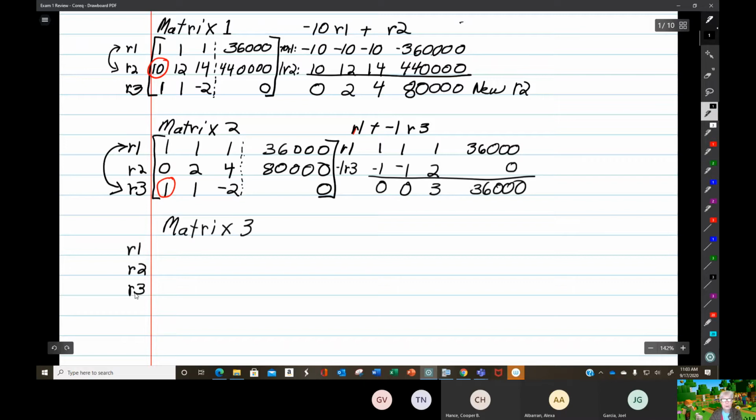But the reason we don't need to have 4 is that we were given our 2 zeros there right away. So that was like 2 steps in 1 step. Okay, now we're going to use this row 2.